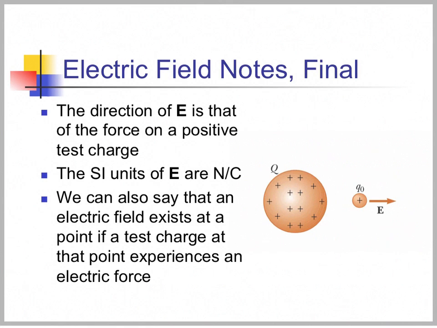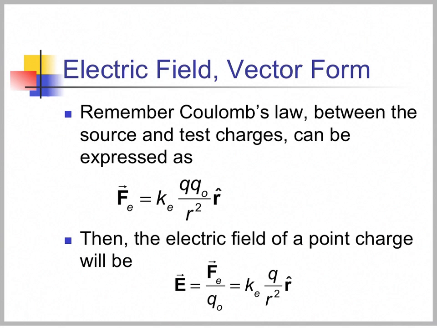The SI units of electric field are newtons per coulomb. So we can also say that an electric field exists at a point if a test charge at that point experiences an electric force. So if we remember Coulomb's law and apply that between the source and test charge, remember Coulomb's law said the electric force is K times Q1 times Q2 over R squared in the direction along the line between them.